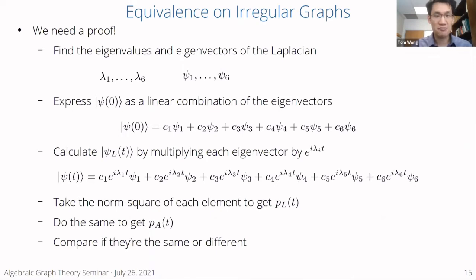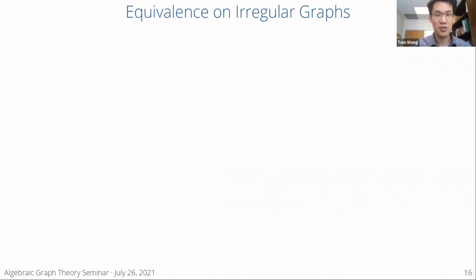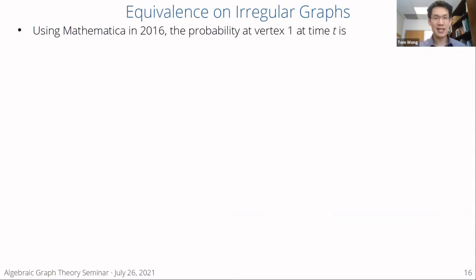So I went ahead and did this again back in early 2016 when we first started exploring this together. And so using Mathematica back then, 5.5 years ago, I calculated the probability at vertex 1 at time t. So for the entire probability distribution, you need the probability at all 6 vertices. This is just the probability at vertex 1.